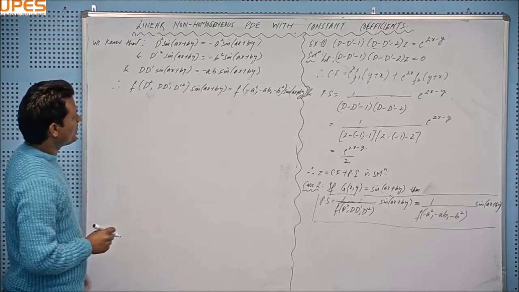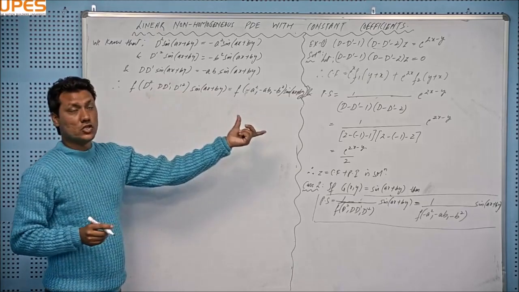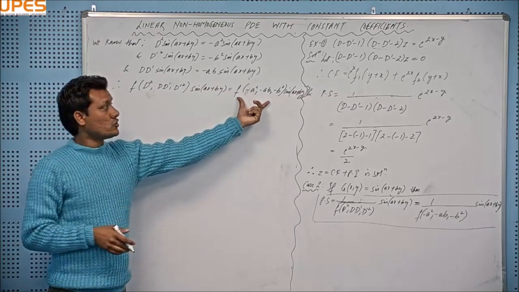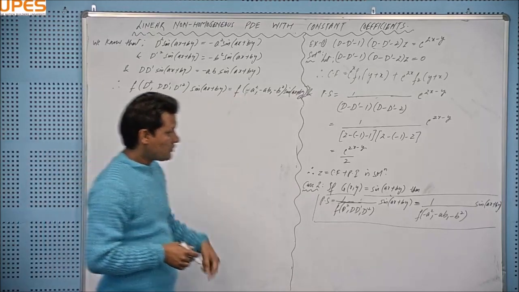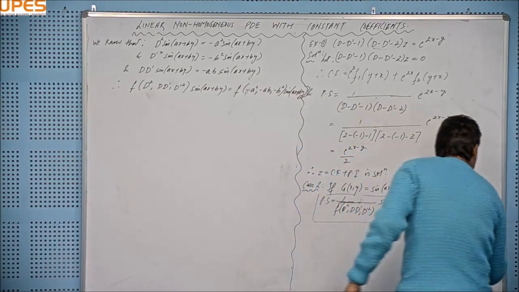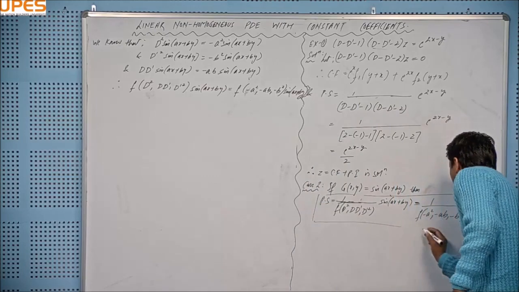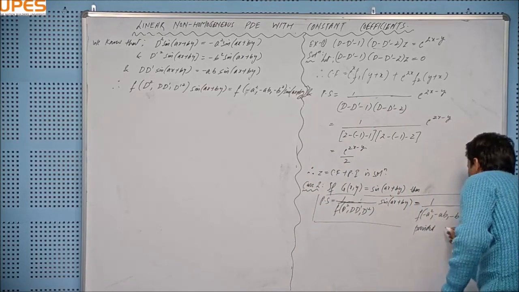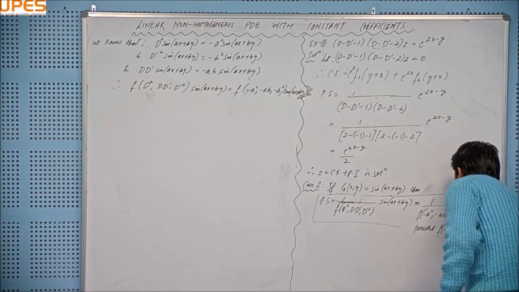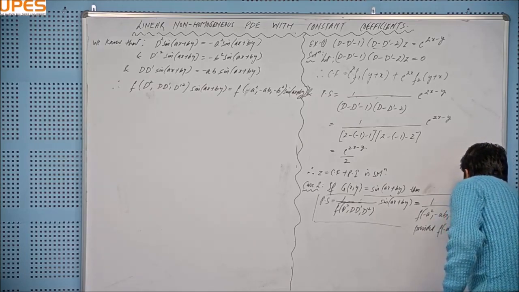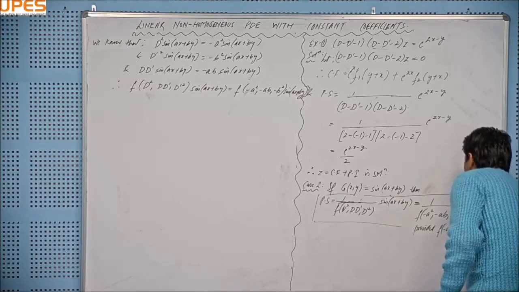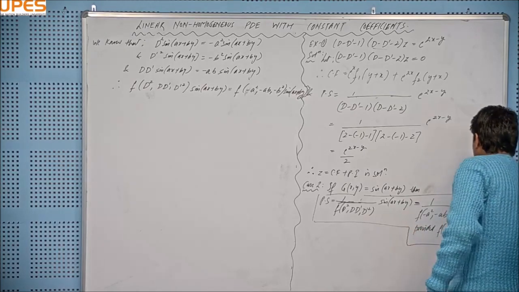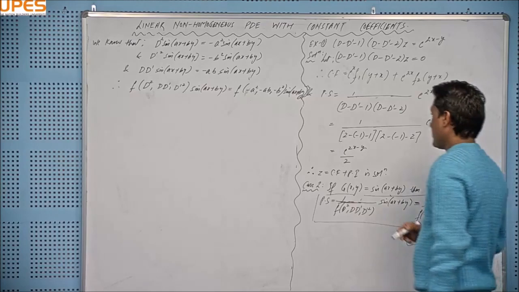And then bringing this operator in the denominator, provided this value is non-zero. Here I have to mention this thing: this denominator is non-zero, provided f of minus a square, minus ab, minus b square is not equal to zero, right?